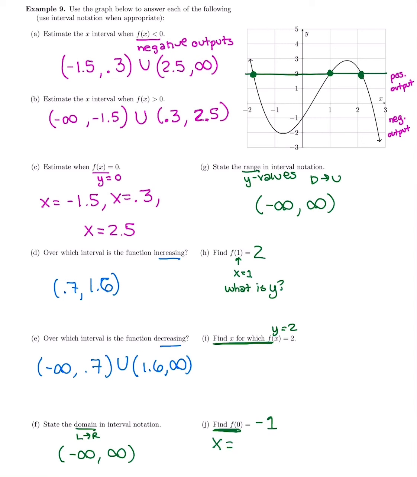So the first x value I would say is x equals somewhere between -1 and -2. So maybe x equals -1.7 or maybe -1.8 for that first y value.